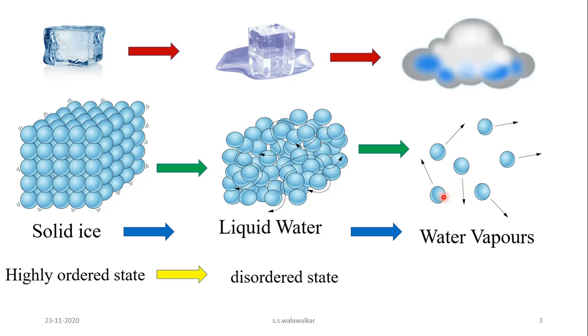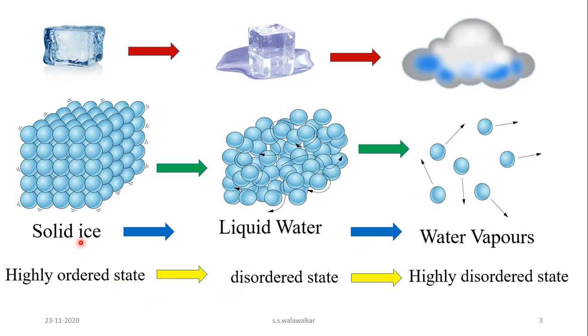In the gaseous state, water molecules are free to move in random directions, and in the available space they can move anywhere. They move away from each other, as the force of attraction between the molecules is very, very less or negligible. So in the gaseous state, a highly disordered state is formed.